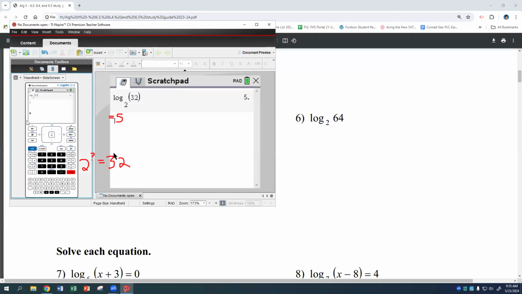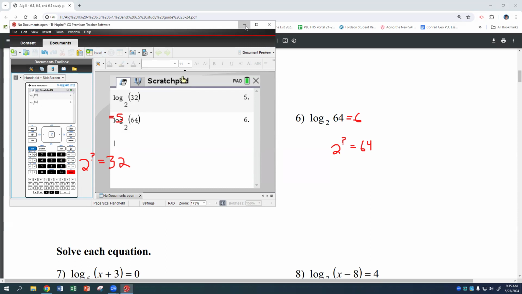Same thing over here, right? 2 to what power gives me 64. That's going to be 2 to the 6th power. So this would be equal to 6. And again, if we want to put it in the calculator, we would have log base 2 of 64. 2 to the 6 is going to be equal to 64, so the answer is 6.